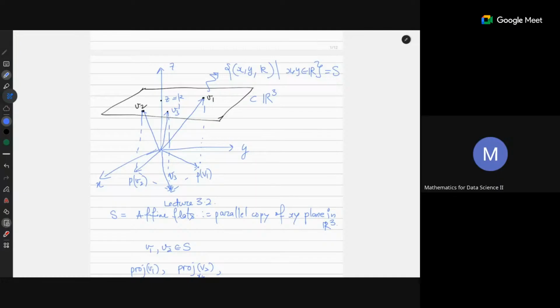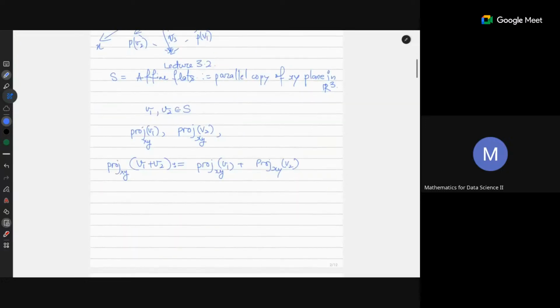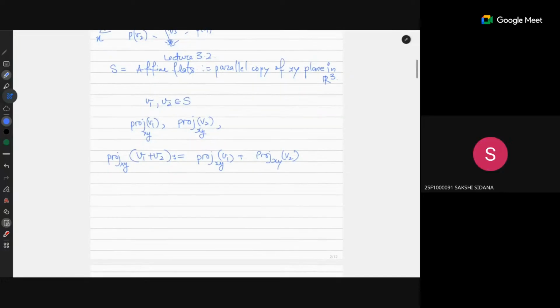Now, can anyone interpret how I defined the addition, in terms of the mathematical symbols? For example, suppose we have two vectors, vector v1 and vector v2.